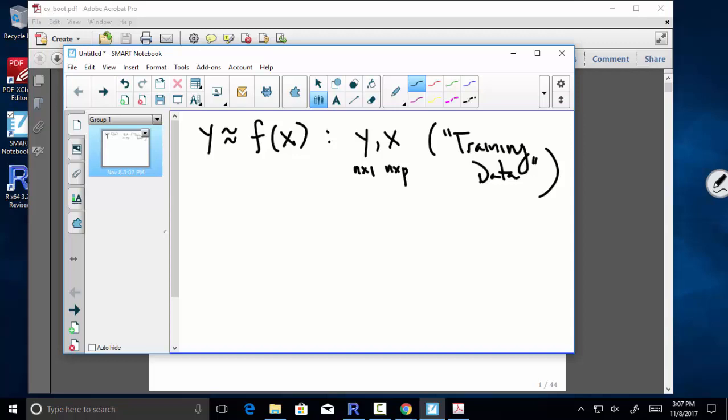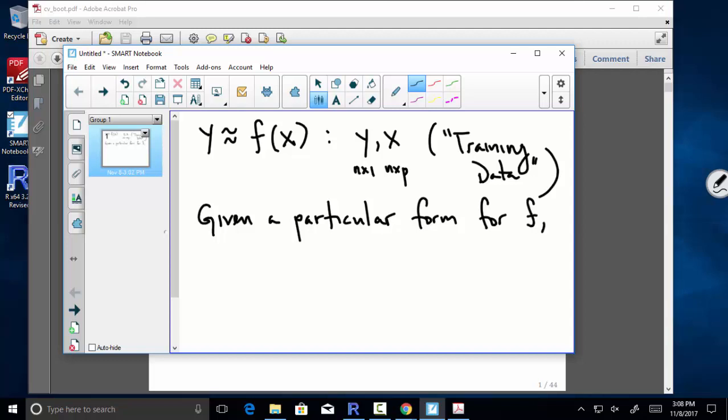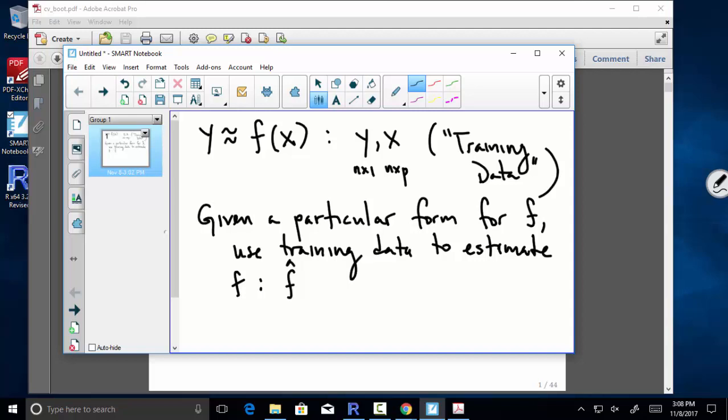So that would look like, let's say, given a particular form for f, we would use the training data to estimate f. So that would give us an f hat. Might be an estimated regression model, beta 0 hat plus beta 1 hat times predictor variable.